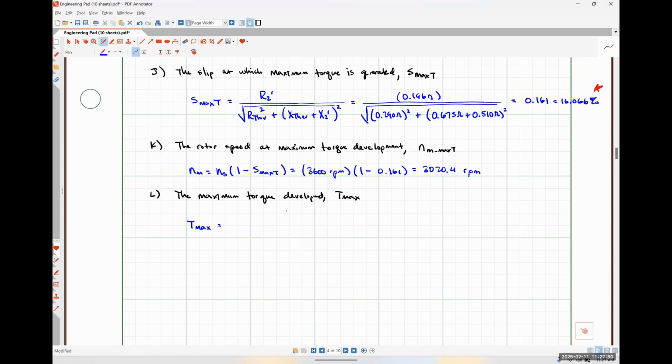That would be 3 times the magnitude of the Thevenin voltage squared divided by twice omega s multiplied by R Thev plus the square root of R Thev squared plus X Thev plus X2 prime squared.